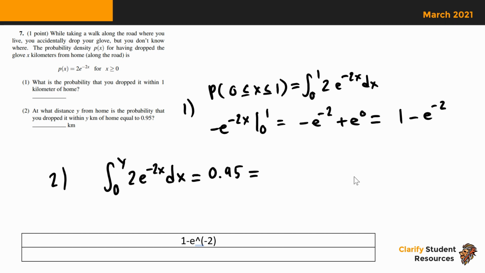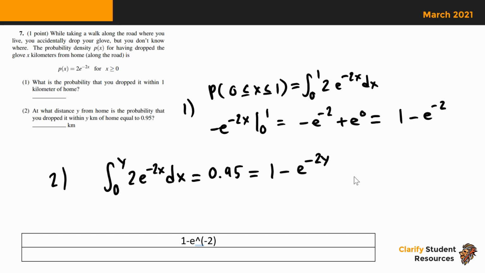And then we know from the last question that we're going to follow this pattern here, where we have 1 minus e to the negative 2y. And then that's basically going to tell us what our y is, because we can solve for this.